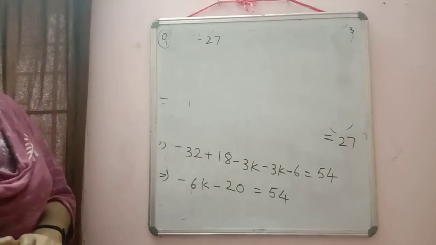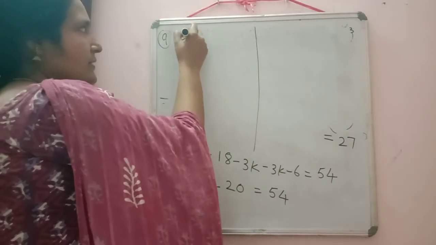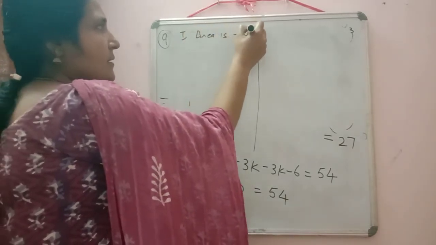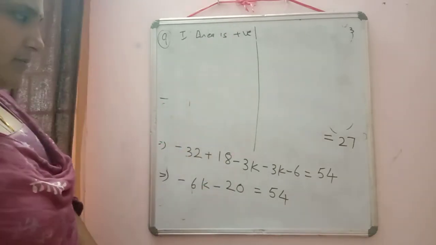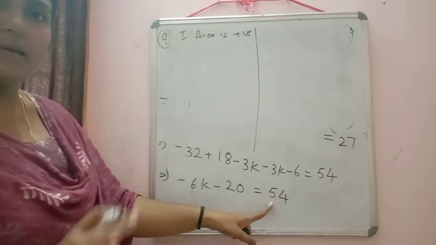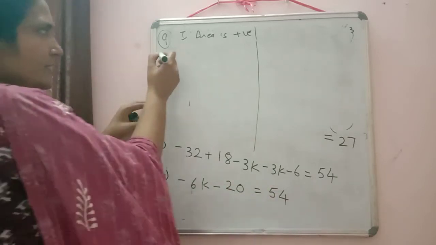So that concept we are using now. First we take two conditions. In the first case, area is positive, meaning 27 only. Then here we take 27, so here also it will be equal to plus 54 only. So moving with this concept we will solve.